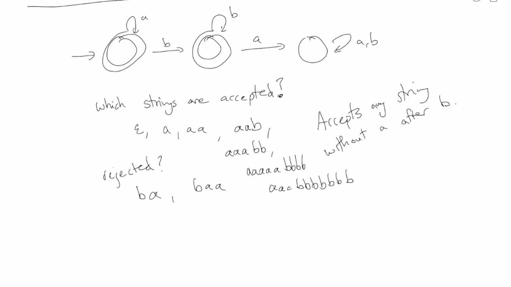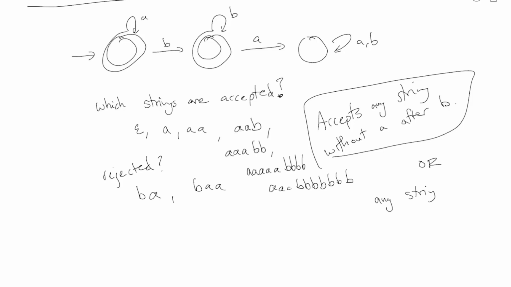This is equivalent to what he said before, any string without an A after a B. But somehow this is just another way to think about this. Any string without an A after a B is equivalently any string with a block of A's followed by a block of B's.